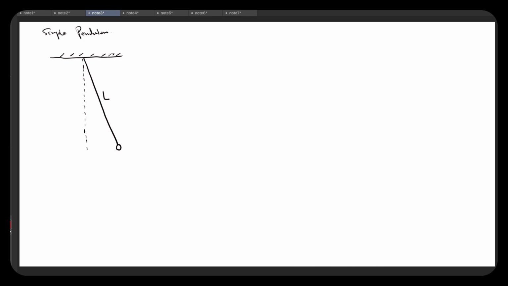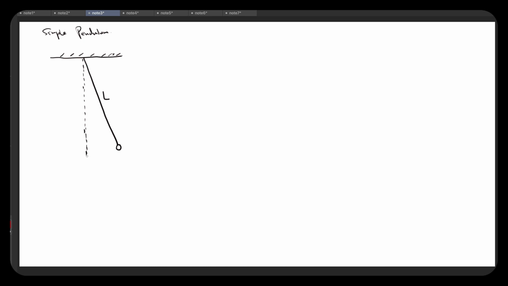If we move this ball away from the vertical and then let go, the ball will start to oscillate around this dashed line. Okay, now clearly from the picture, we know it's going to oscillate along this line.